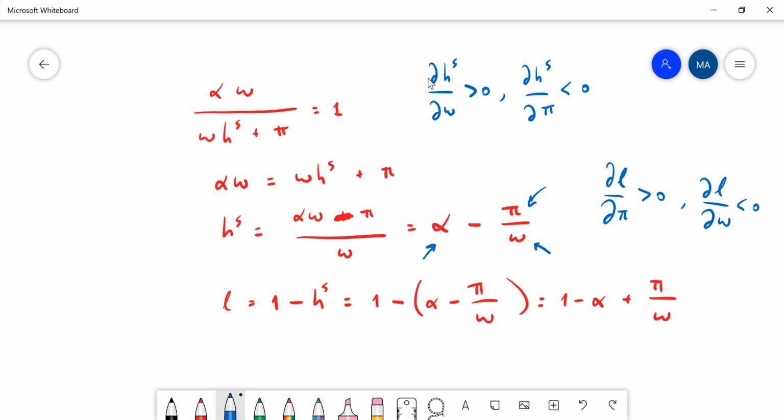Of course, these results on leisure and labor supply depend on preferences as well, okay? But this is what we get in this model, all right?